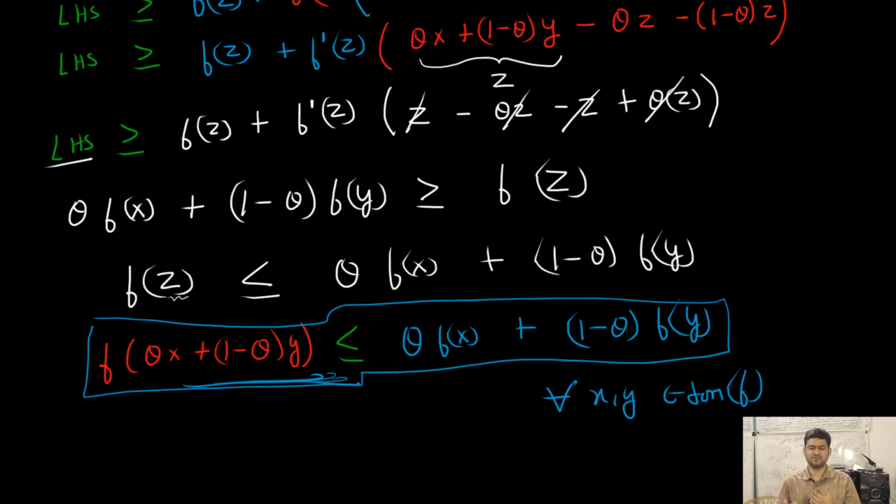So thus, in the previous part we proved that this condition is necessary, and this part proves that the first order condition is also a sufficient condition for any function f to be convex. So these two parts complete the proof of the necessity and the sufficiency condition of the first order condition of the convexity of function f.